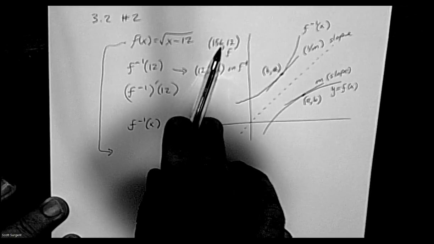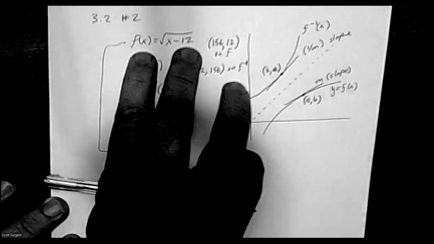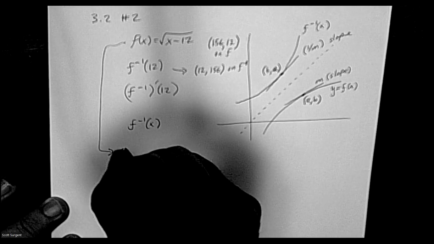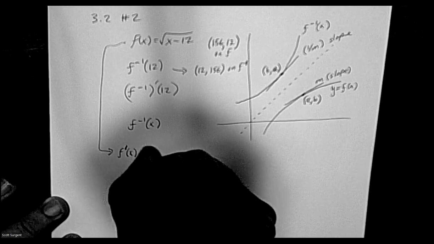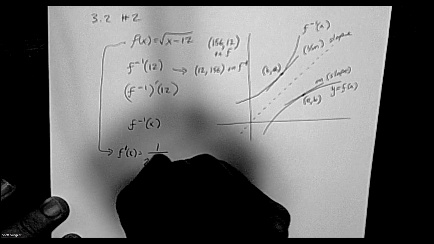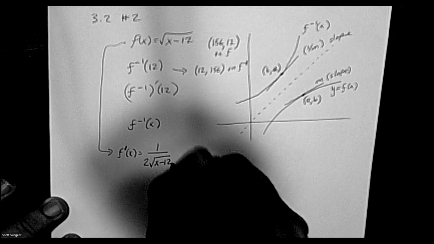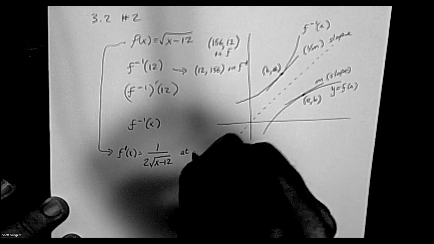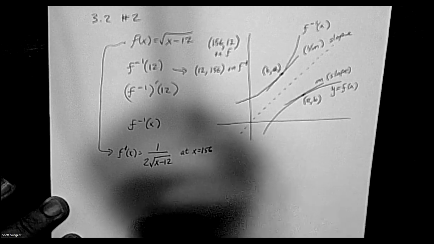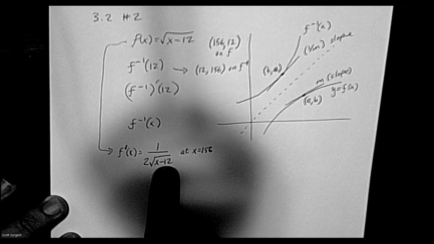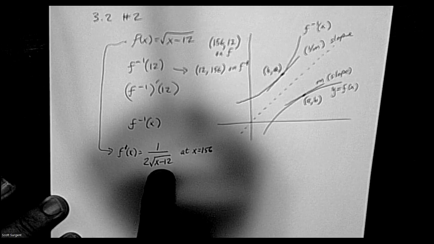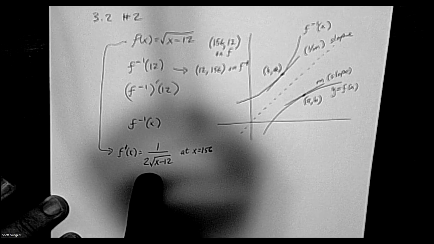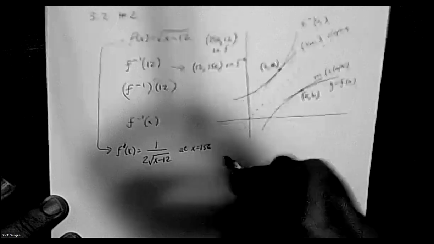Actually, I did need to know the x because here's what I'm going to do. I'm going to take the derivative of this function. It's 1 over 2 square root x minus 12. Now the chain rule will just be a 1, so I'm okay there. Now when I plug in 156, I get 156 take away 12, which is 144. The square root of that is 12. 12 times 2 is 24.